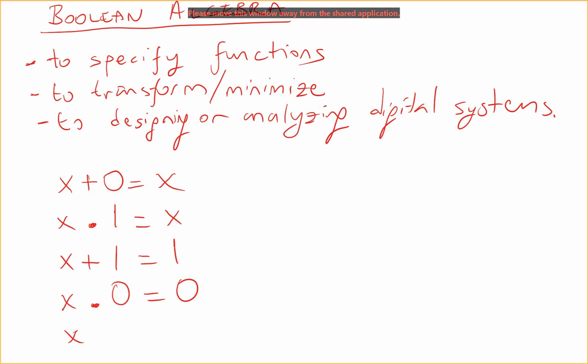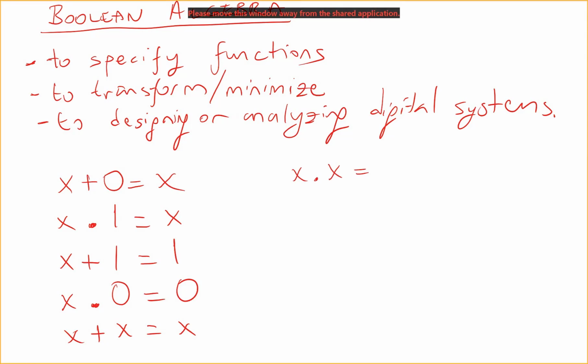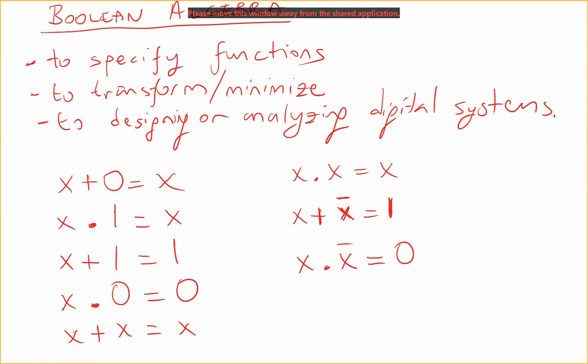If I OR x with itself, the result is x. If I AND x with x, the result is x. If I OR x with its not, the result is 1. If I AND x with x not, the result is always 0. If I take its not twice, I will again get my original variable x.